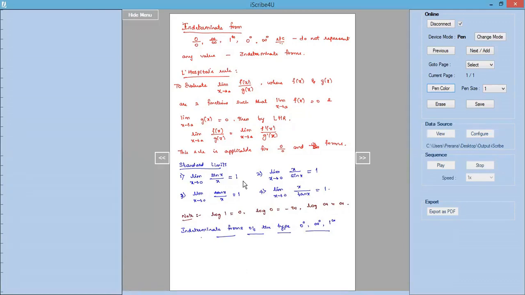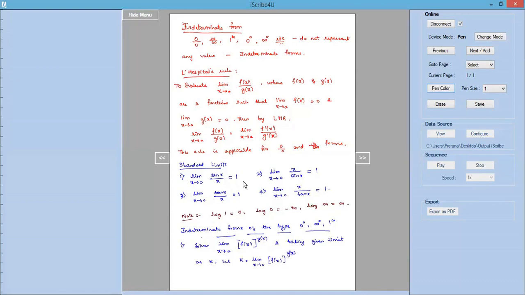So let me give that in the form of a working rule. The given function will be of the form limit as x tends to a, f of x power g of x, and taking the given limit as say k, we assume k is equal to the limit as x tends to a, f of x power g of x.